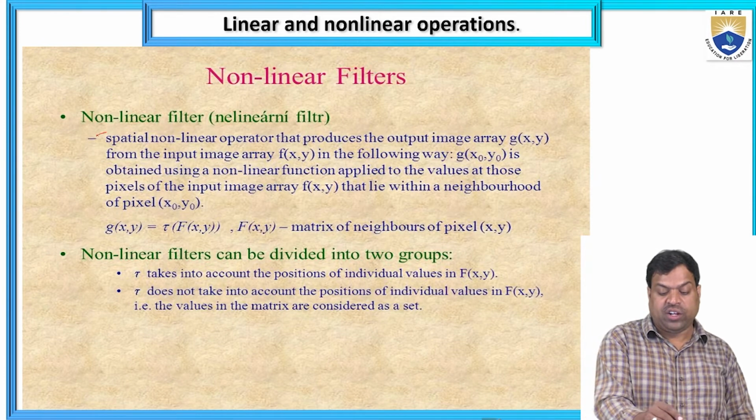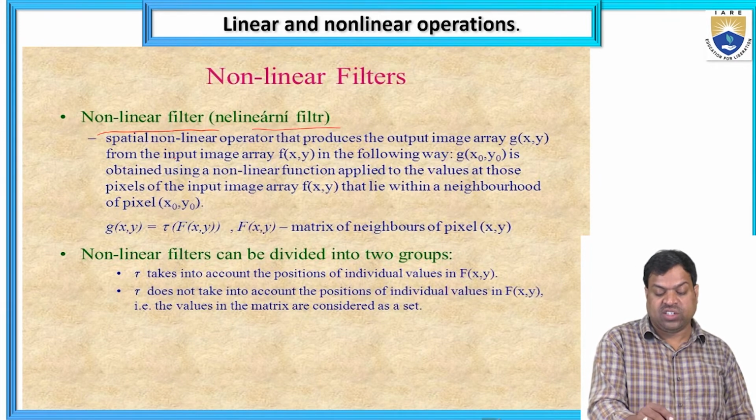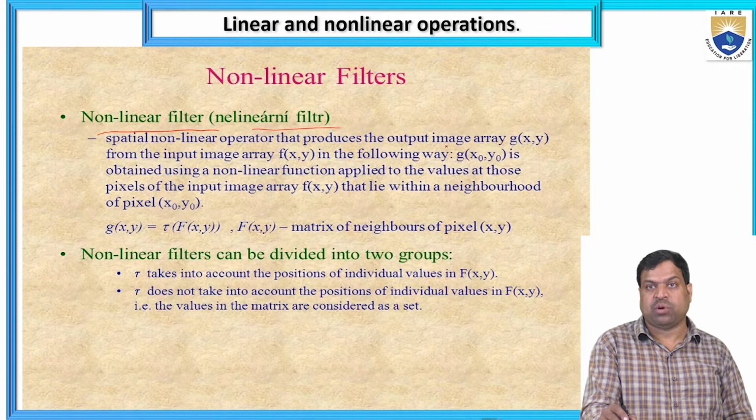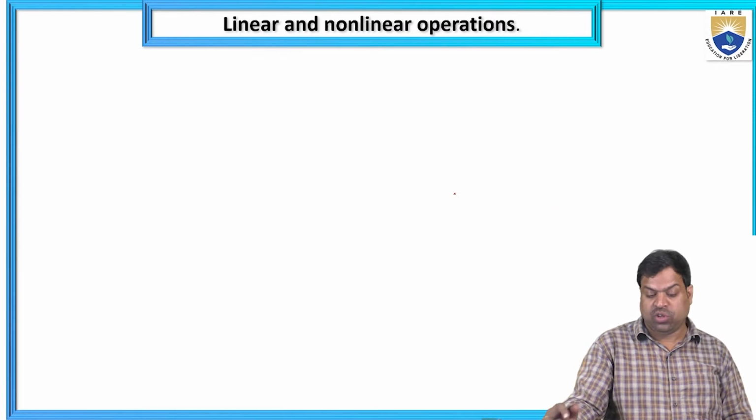Nonlinear filtering, or a nonlinear filter, is a spatial nonlinear operator that produces the output image array g of x comma y from the input image f of x comma y. So already we know these two equations.